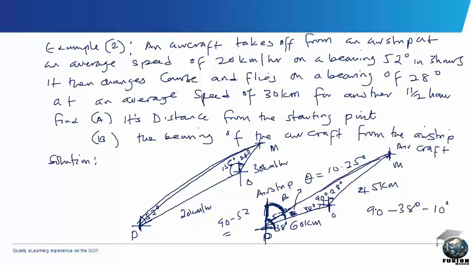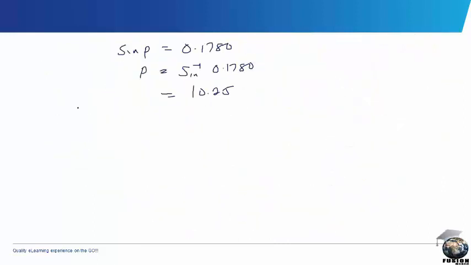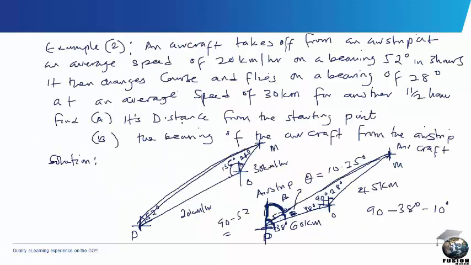Therefore the bearing of the aircraft from the airstrip will be equal to, when you subtract the bearings we have from 90 degrees, because the total angle within that area is 90 degrees as shown in the diagram.